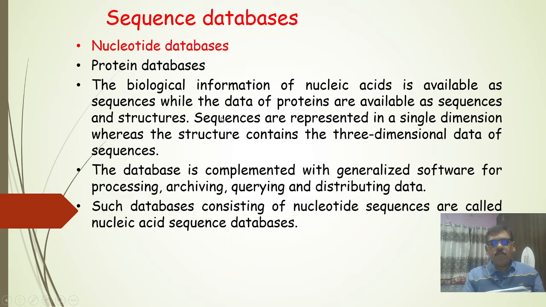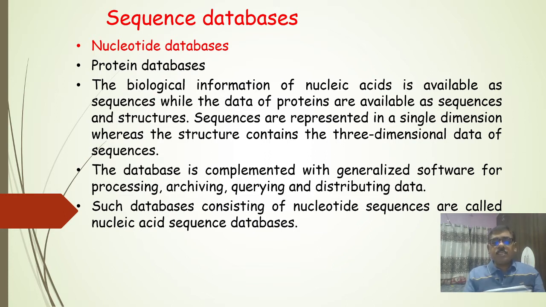The biological information of nucleic acids is available as sequences, while the data of proteins are available as sequences and structures. Sequences are represented in a single dimension, whereas the structure contains three-dimensional data of the sequences.